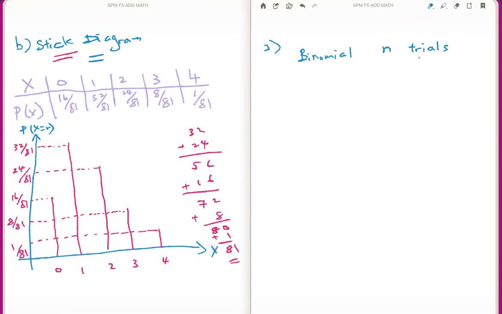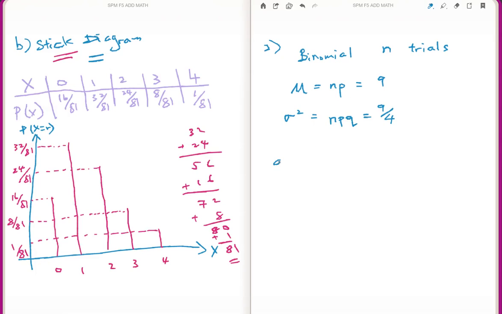Given that the mean mu is 9, so mu is actually n times p equal to 9, and the variance is npq, which is 9 by 4. So they won't tell you the equation, but just let you know the mean is 9 and the variance is 9 by 4.